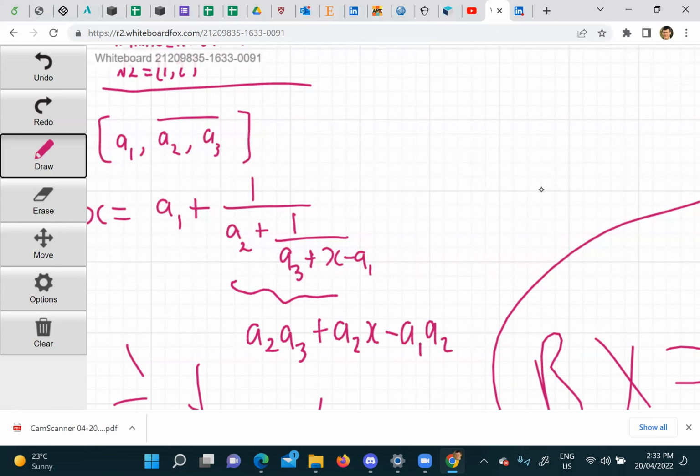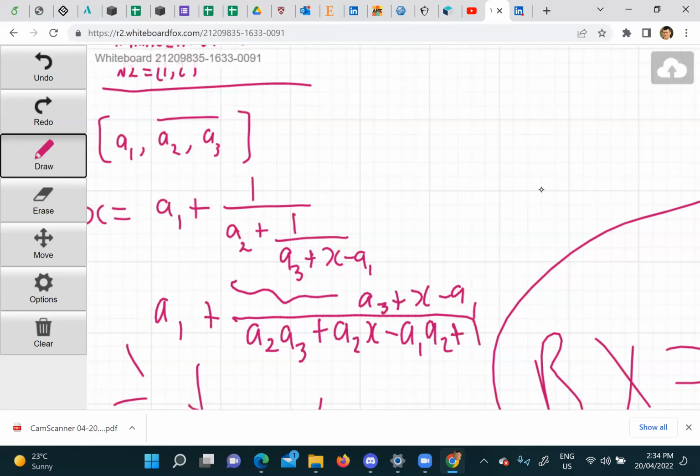So that's in the numerator, which becomes the denominator, yeah? And then in the numerator it becomes A3 plus x minus A1, and we're adding this to A1. There's also plus 1.